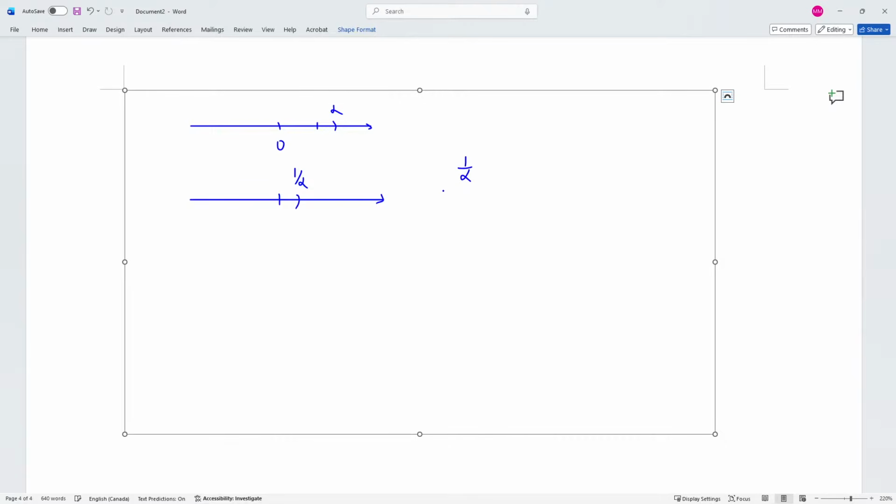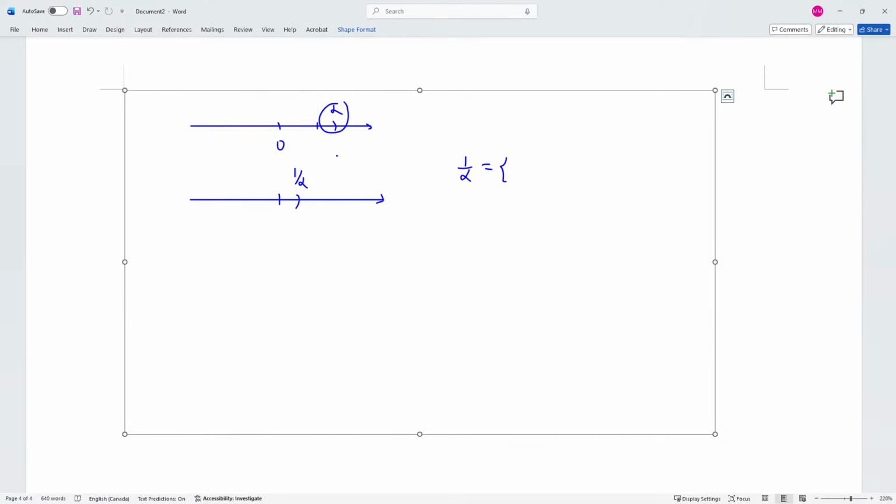So we want 1 over alpha to consist of the set. I mean, alpha is a set. It's a cut. I want to define the reciprocal of a positive cut. That's the idea.